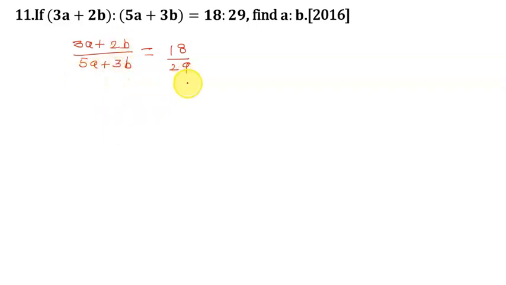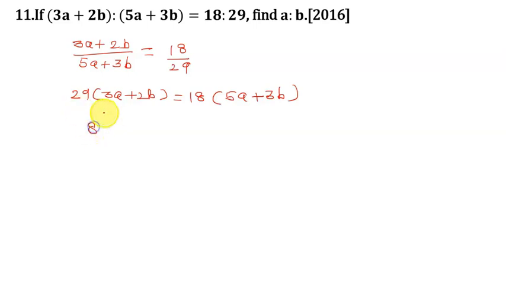To solve this type of problem, next here the cross multiplication. Therefore we will take 29 into (3a + 2b) is equal to 18 into (5a + 3b), if the coefficients are different. Then what is the multiplication?